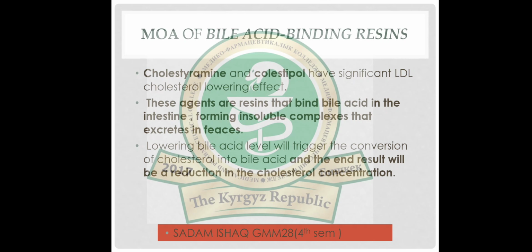These agents are resins that can bind bile acids in the intestine, forming insoluble complexes that are excreted in the feces. Lowering the bile acid level will trigger the conversion of cholesterol into bile acid, and the end result will be a reduction in the cholesterol concentration.